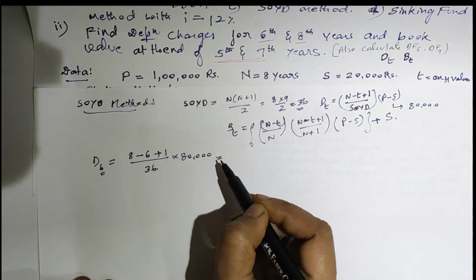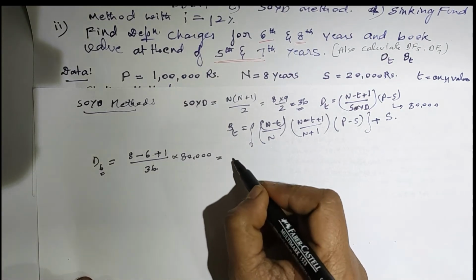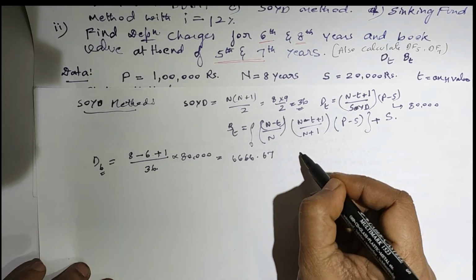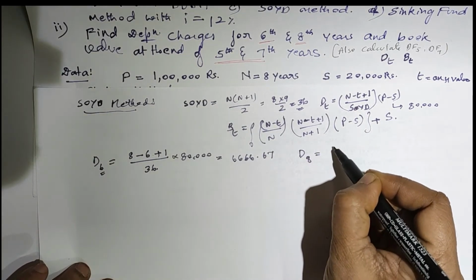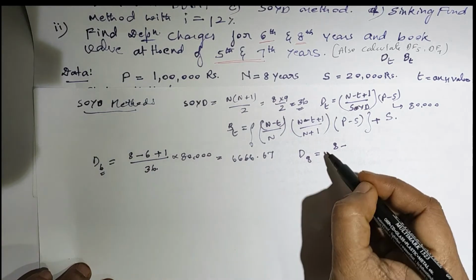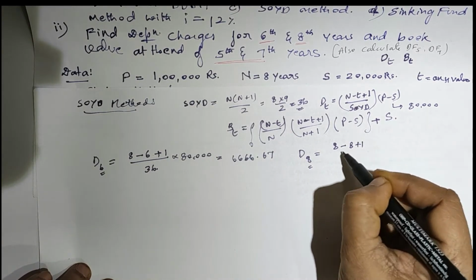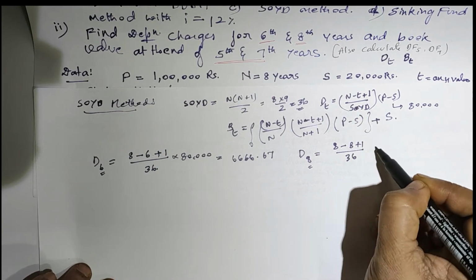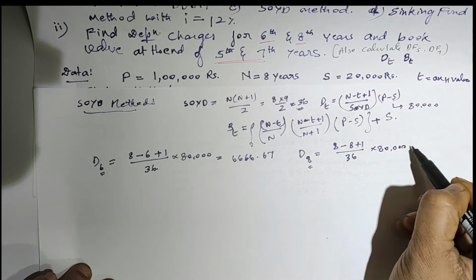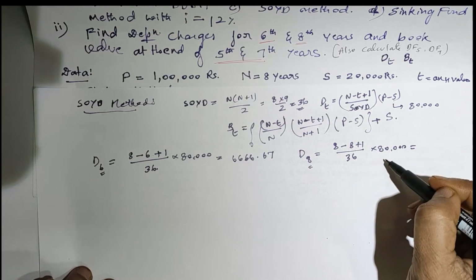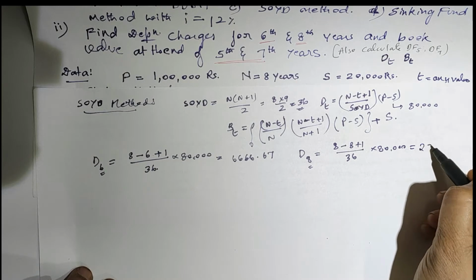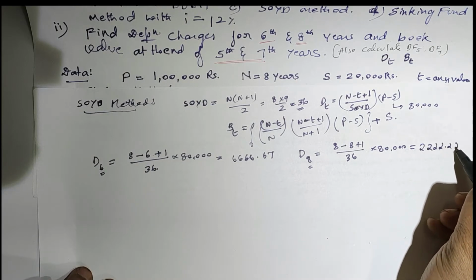So it comes to D6 is equal to 6,666.67. Similarly, D8 is equal to 8 minus 8 plus 1 divided by SOYD, that is 36, into 80,000. So it comes to 1 by 36 into 80,000 and the value is 2,222.22.